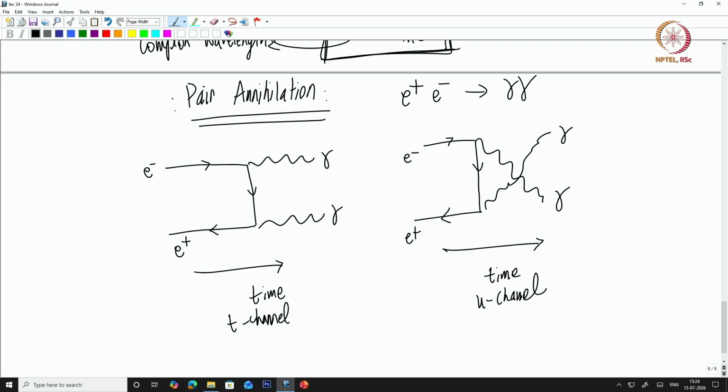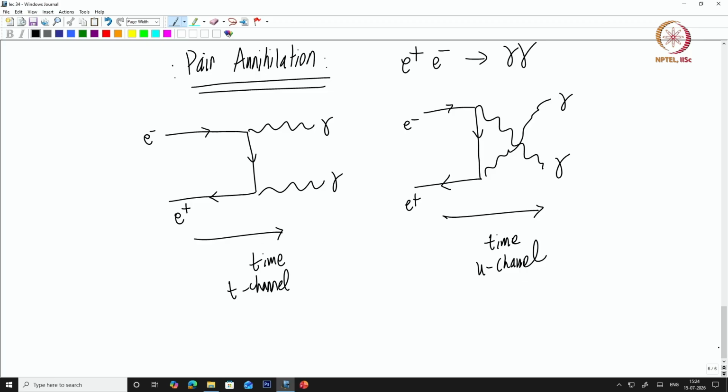So what is happening? An electron comes in and then a positron comes in, both of them annihilate, and through the exchange of an electron give you 2 photons essentially.